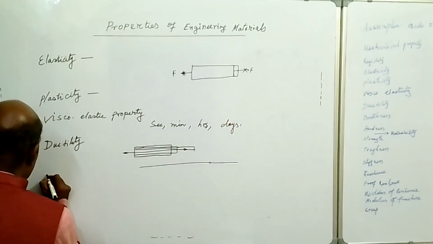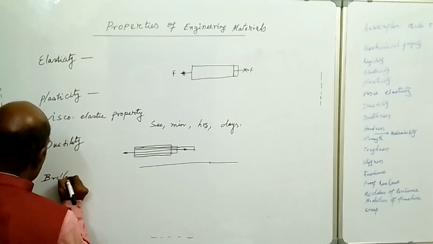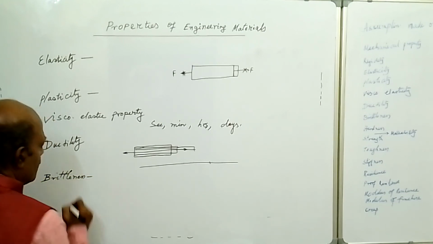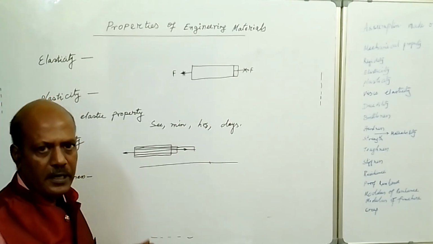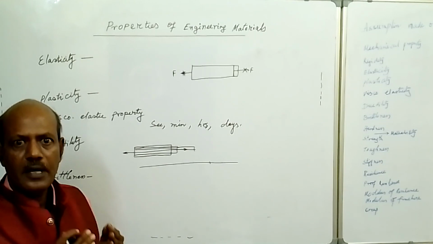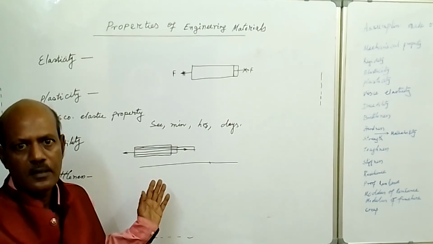Now the next property is brittleness. This is the property by virtue of which the material breaks easily without much deformation.